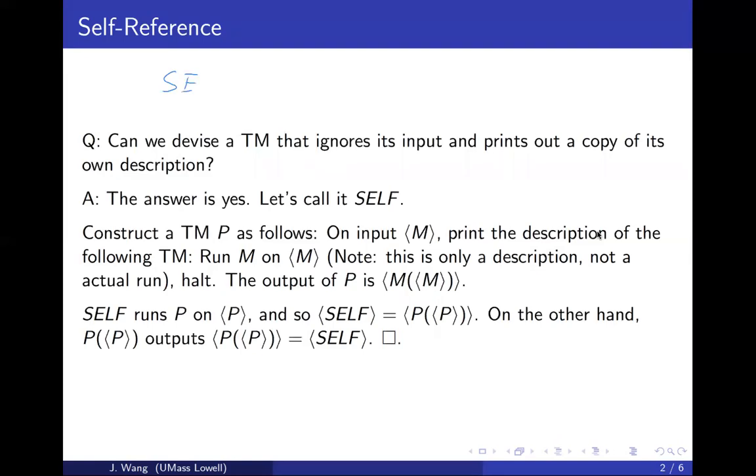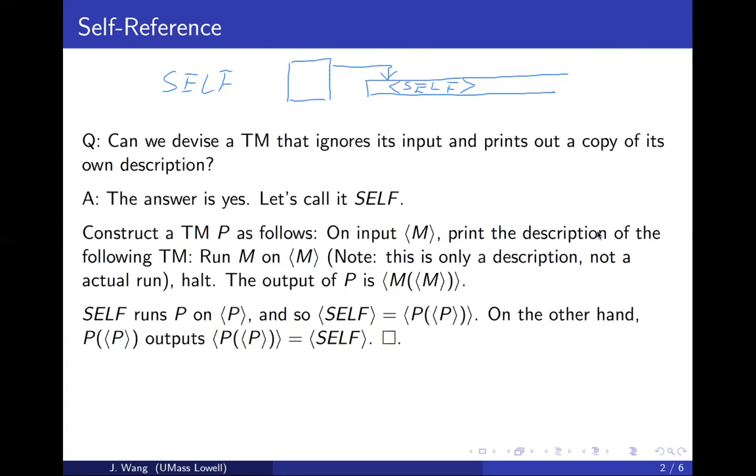Remember we have this Turing machine model with a finite control plus an unbounded tape memory, one-sided unbounded. No matter what input SELF has, it just prints the description of this Turing machine on the tape.